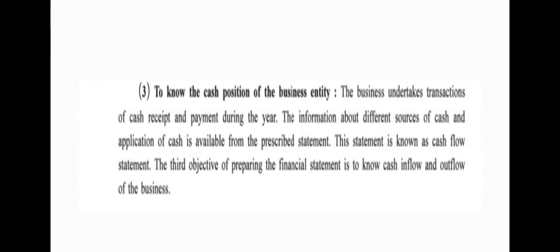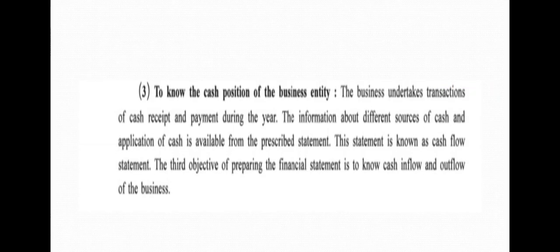The information about different sources of cash and application of cash is available from the prescribed statement. This statement is known as the cash flow statement. So the third objective of preparing financial statement is to know the cash inflow or outflow of business.